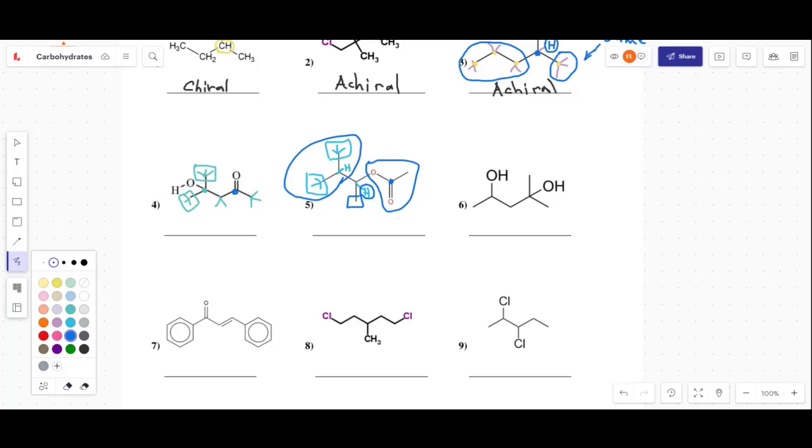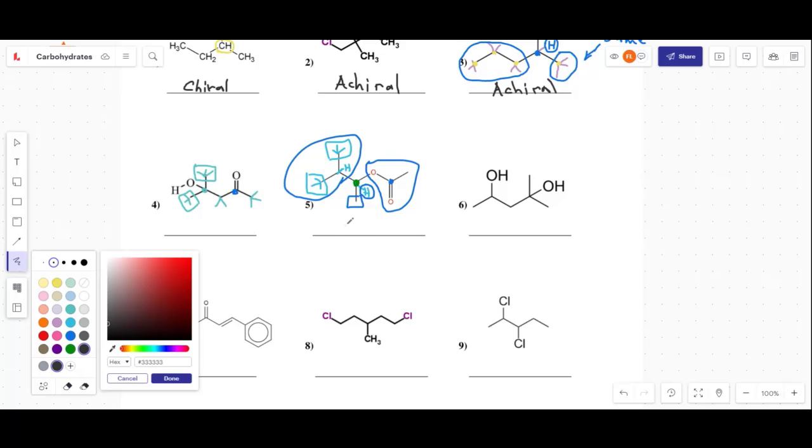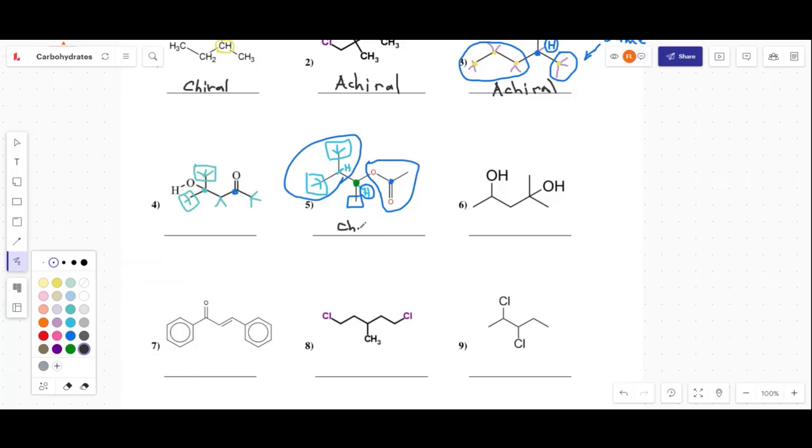No, they're all different. So that means this carbon here is in fact a chiral carbon. It is a chiral center. And therefore I would call this molecule chiral, whereas this one was achiral.